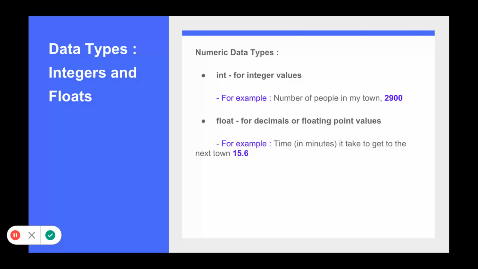Int is used to represent integer values, for example, the number of people in my town, 2900. Float is used to represent decimals or floating point values, for example, the time in minutes that it will take to get to the next town, 15.6 minutes.